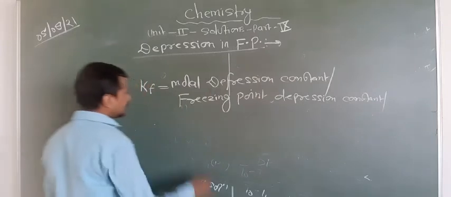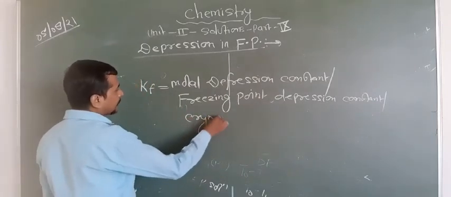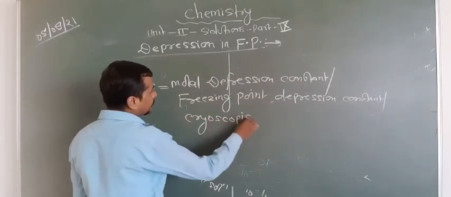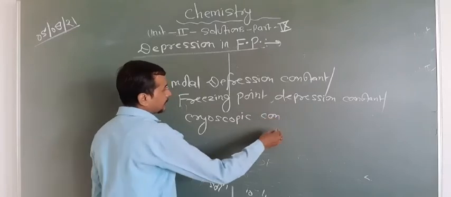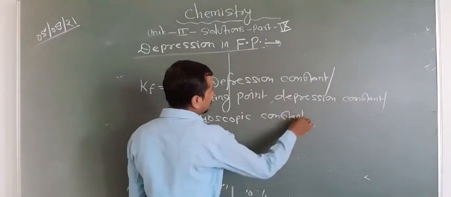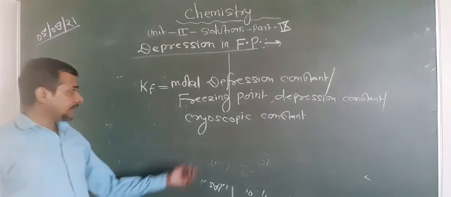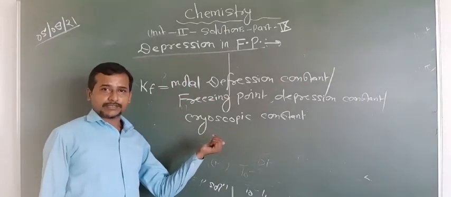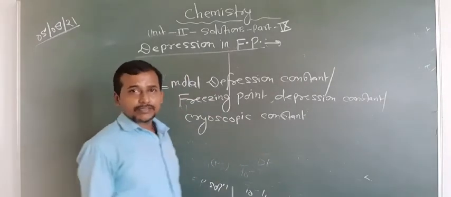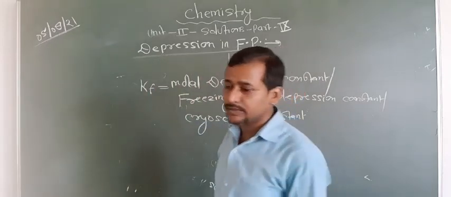It is also known as cryoscopic constant. One more thing to note down: cryo means low temperature. Here temperatures are minimized, so that's why we are talking about the cryoscopic constant.